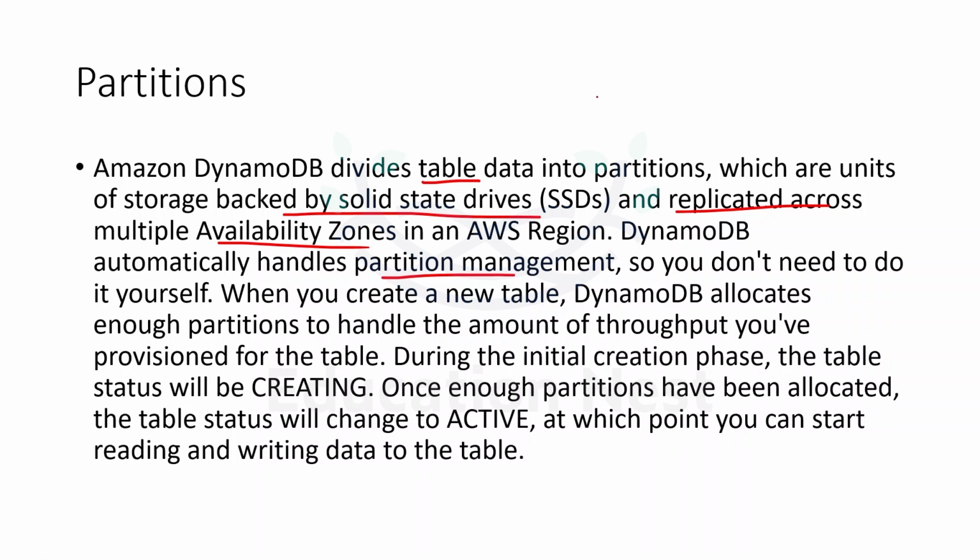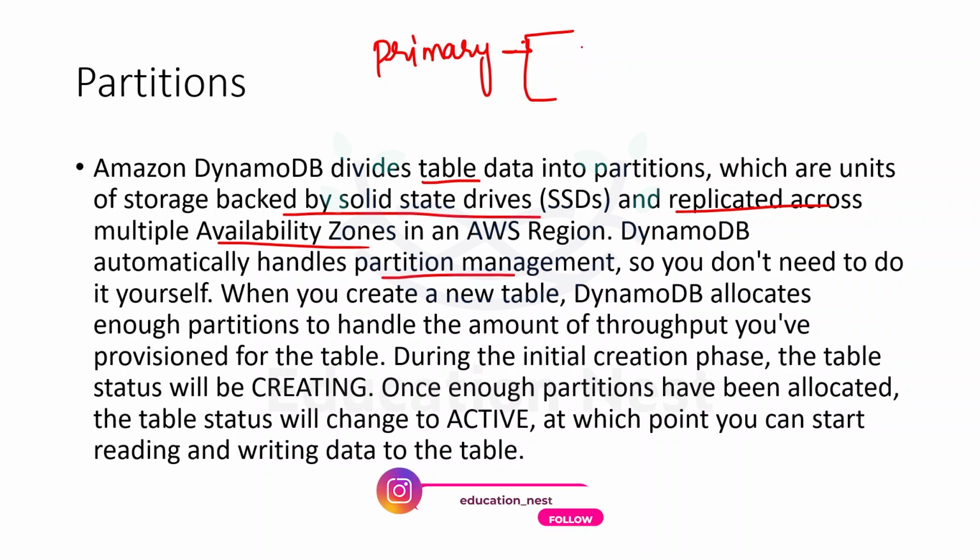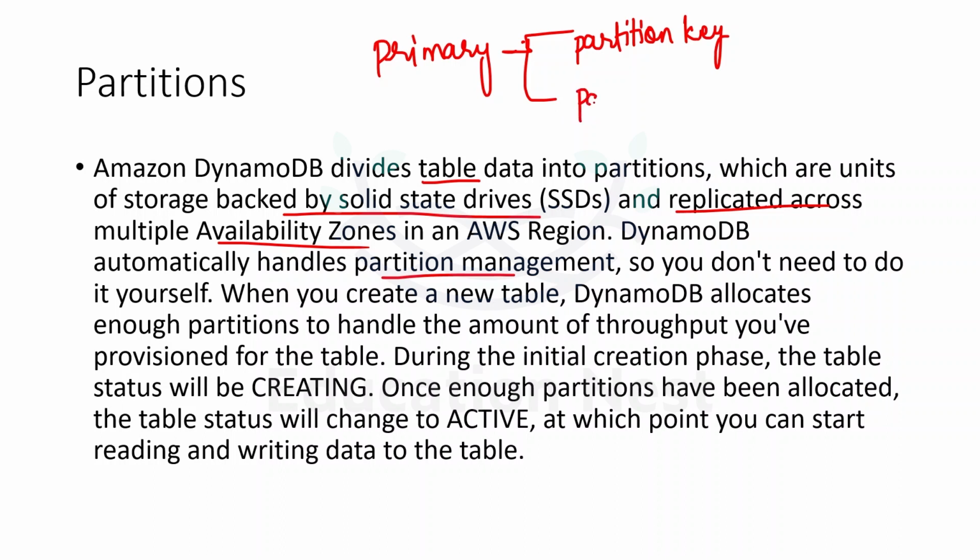Whenever we are creating a DynamoDB table, we have to select the primary key. Now, primary keys are of 2 types in DynamoDB. The first type has only one attribute, and that attribute is our partition key. The other type is the combination of partition key and sort key.